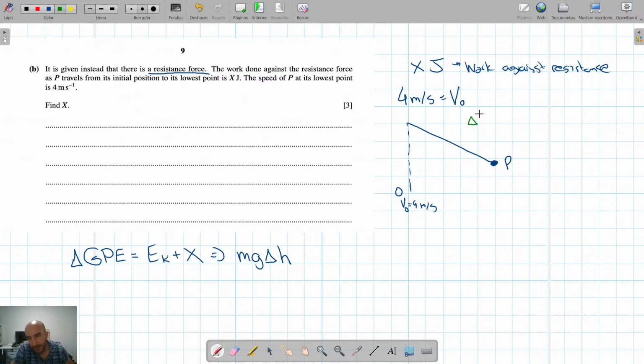Well, now the change of height is going to be 4 cosine of 45, which is the one that we had before, minus 4, because now it's 4 meters. Okay, so that's 4 cosine of 45 minus 4, which if we do it in the calculator is minus 1.1716 approximately. Again, that loss with the minus sign.